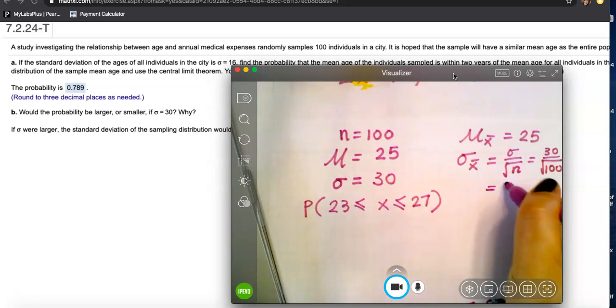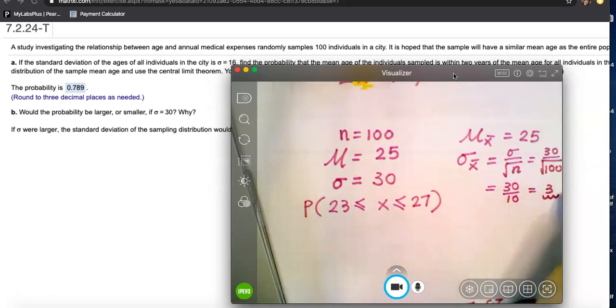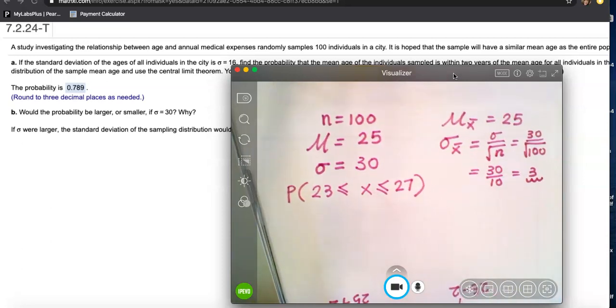So if you do that, you'll get 30 divided by 10. So standard deviation is 3. Now notice the old one, the part A, the old standard deviation was 1.6. This time, the standard deviation got bigger. That means this will be more spread apart. Bigger standard deviation.